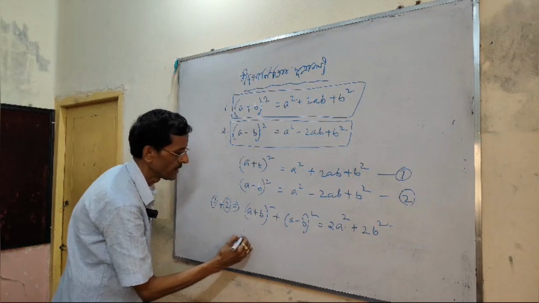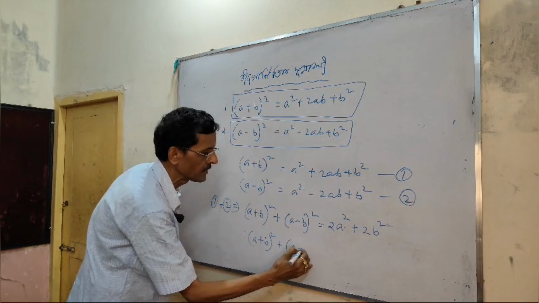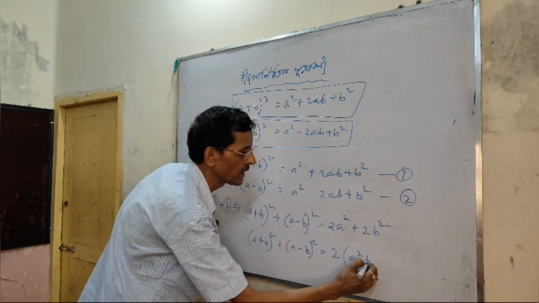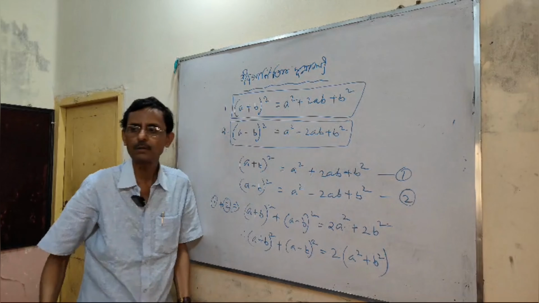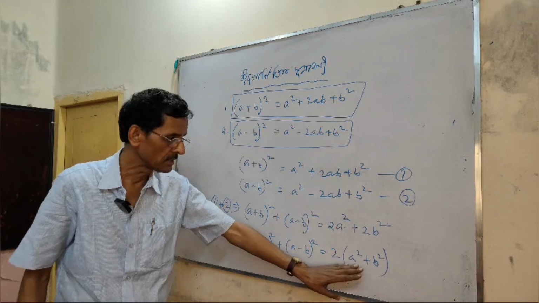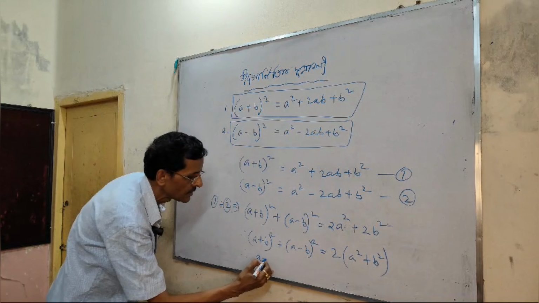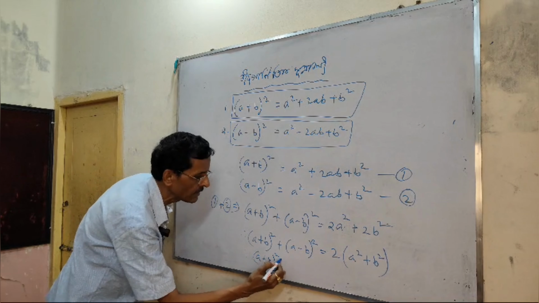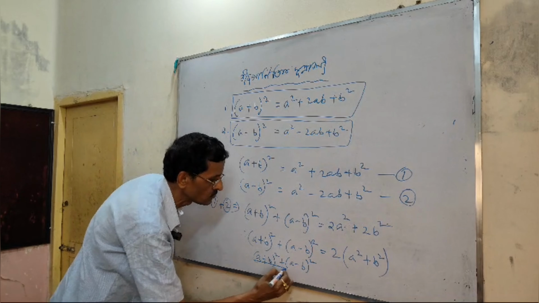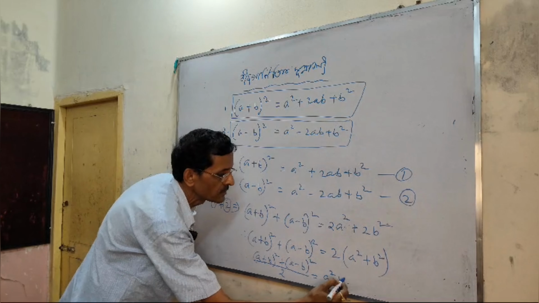So a plus b whole square plus a minus b whole square gives 2 into a square plus b square. It is one of the formulas. So a square plus b square is a plus b whole square plus a minus b whole square divided by 2.